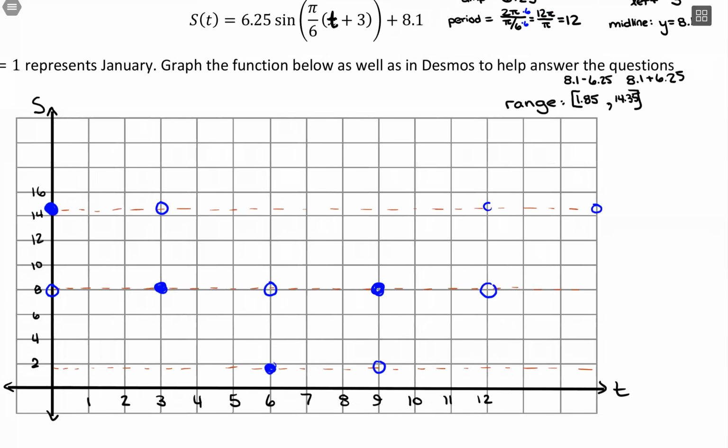So I'm going to get rid of those open circles. We're done with those. They just help us see our starting point. And we're moving it. So our graph is going to look like this. So from December and back.